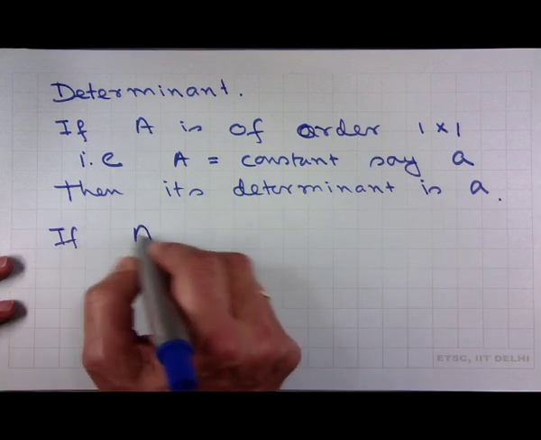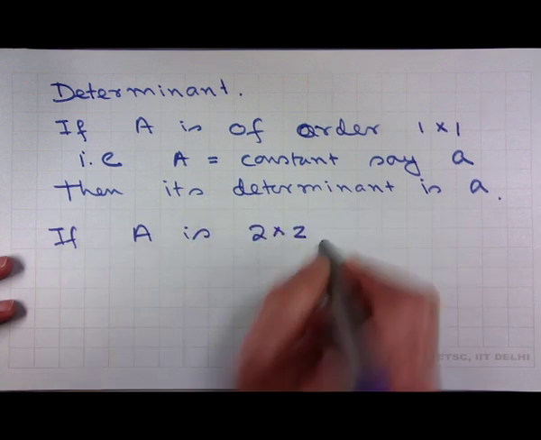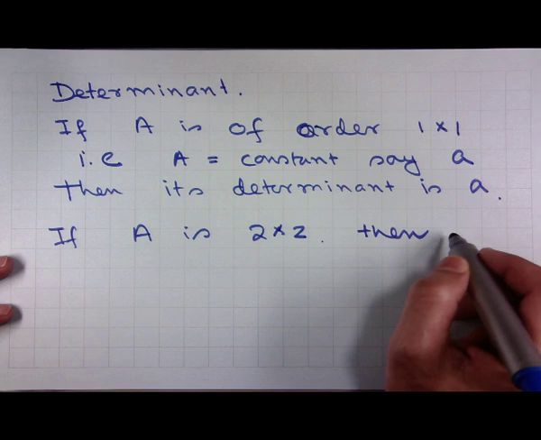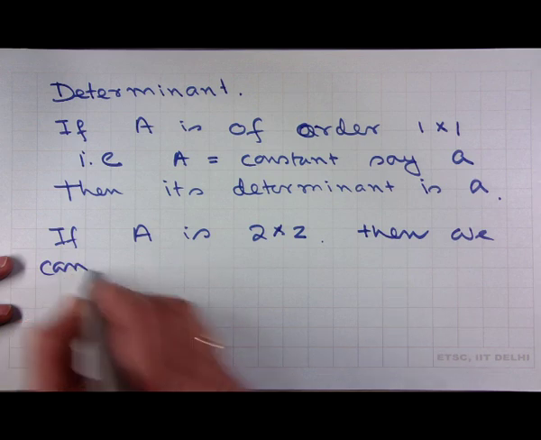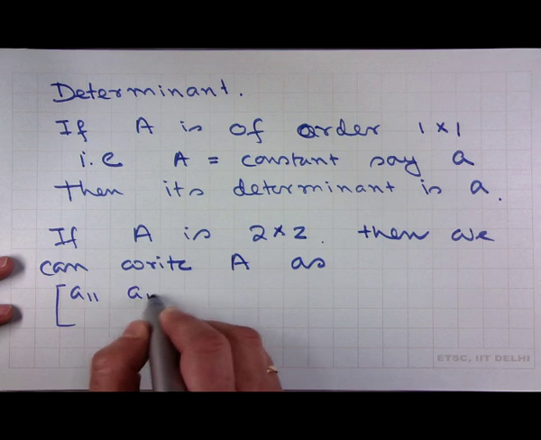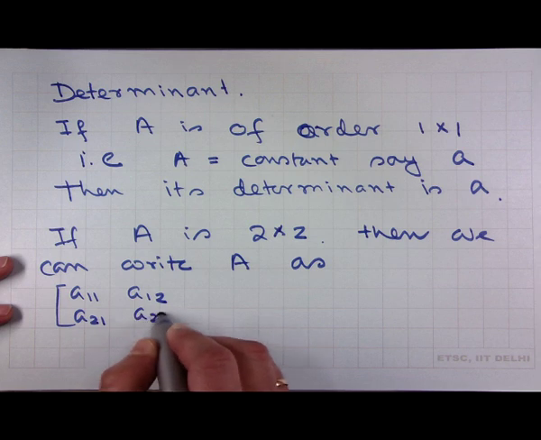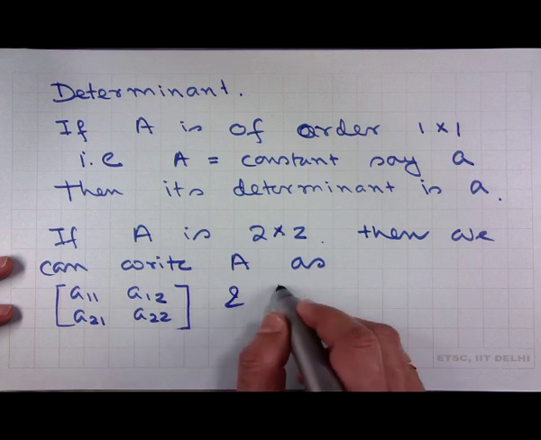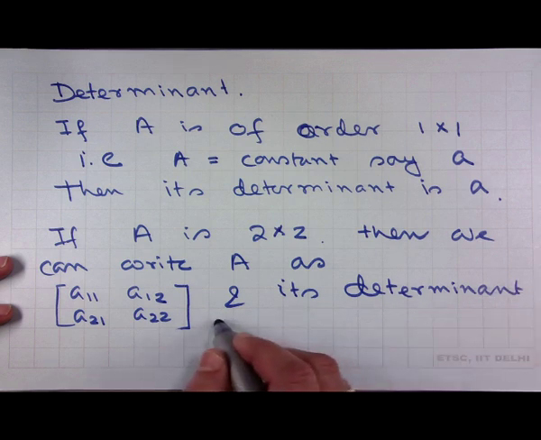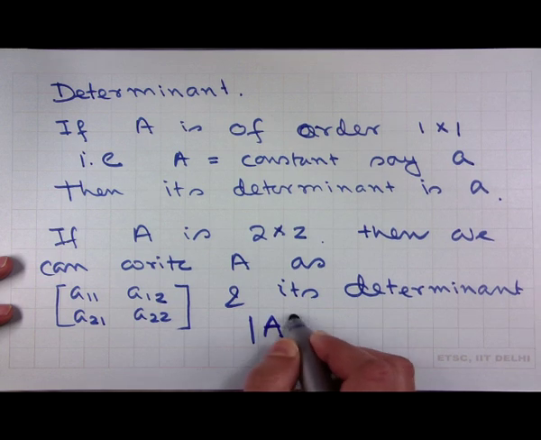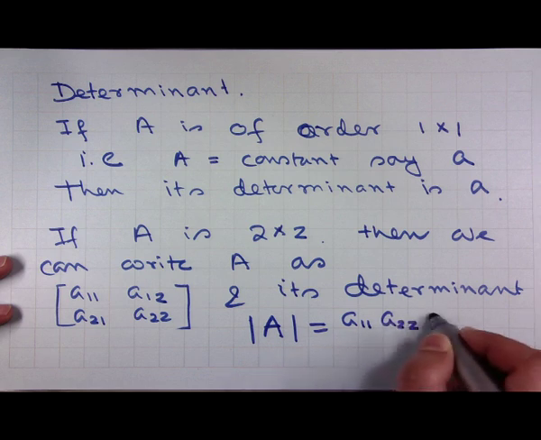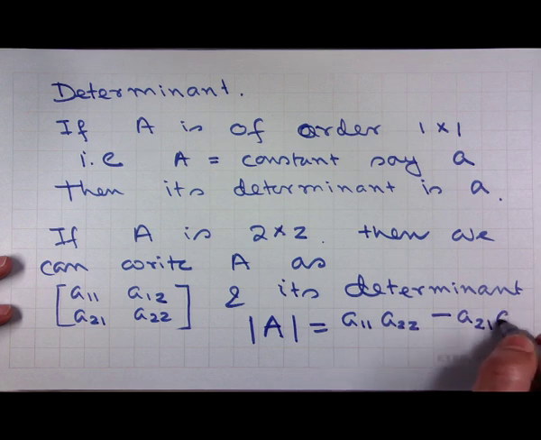If A is 2 cross 2, that is, there are 2 rows and 2 columns, then we can write A as A11, A12, A21, A22, and its determinant, which we denote like this, is equal to A11 into A22 minus A21 into A12.